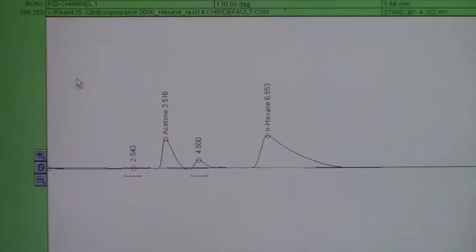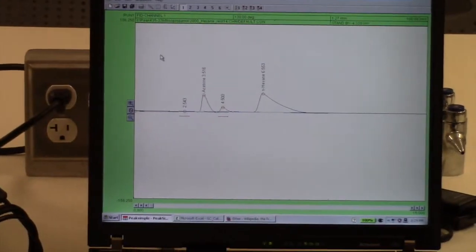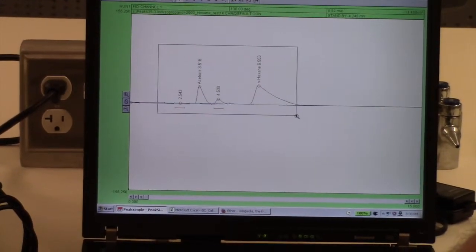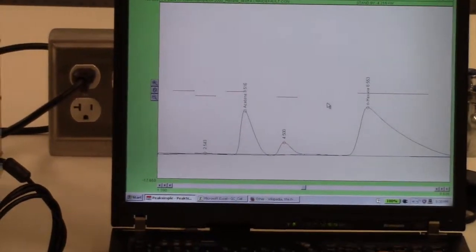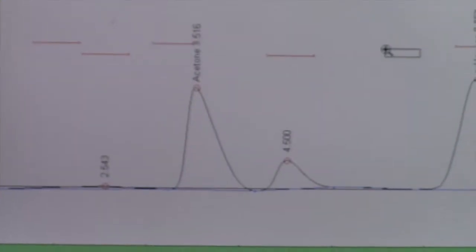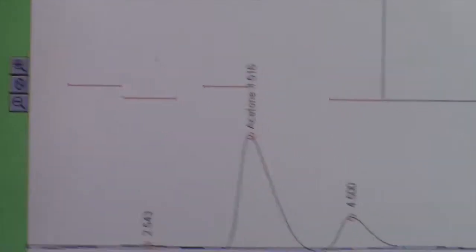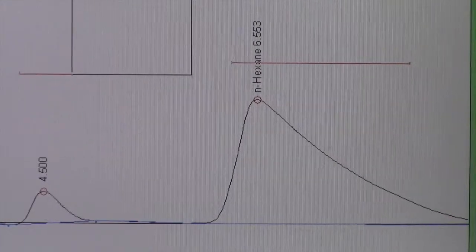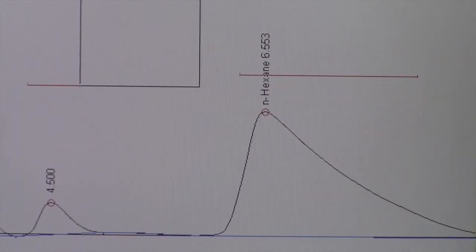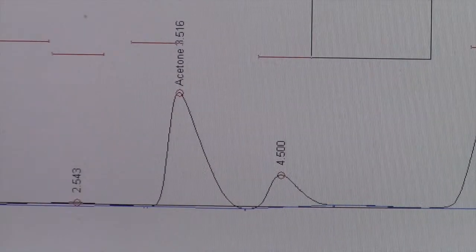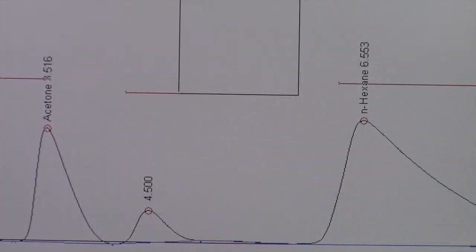So in this case, I previously ran calibration for three substances, and they were acetone, ethanol, and hexane.